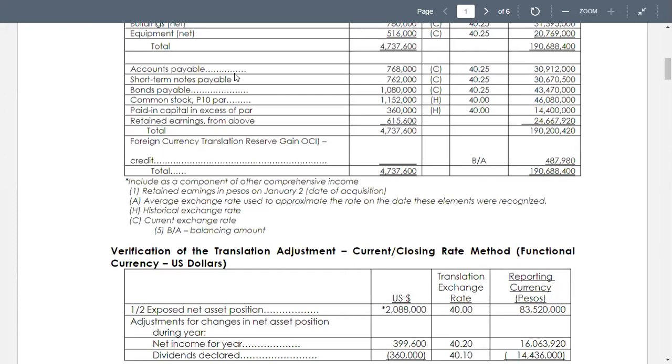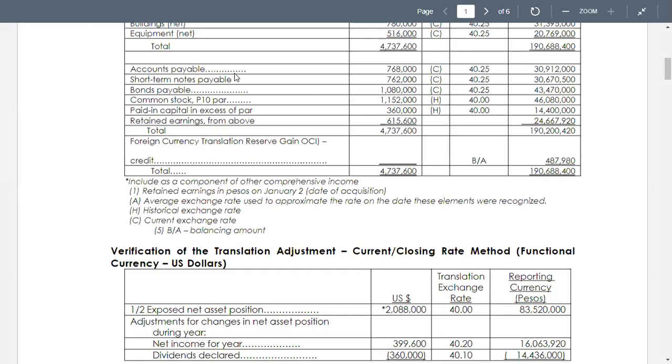So we cannot generalize all revenue and expense accounts, but we have to consider those expense accounts that relate to specific non-monetary items like your equipment, your machinery. So you have your related depreciation expense.